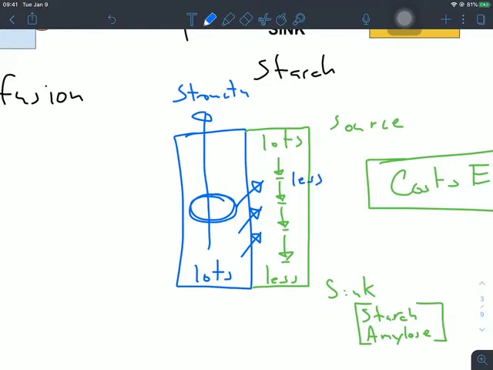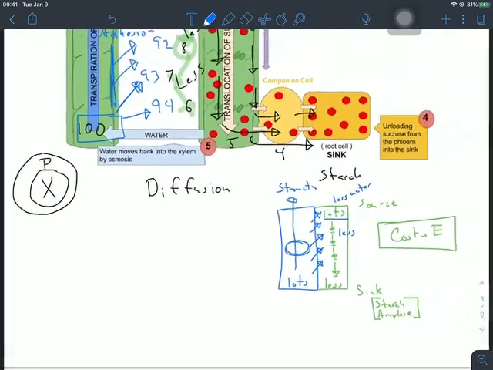But as it turns out, the more sugar you have, the less water there is in that region. So you've got this continuous ladder that water can use to help drive it up, constantly be pulling it up and actually beating the force of gravity.